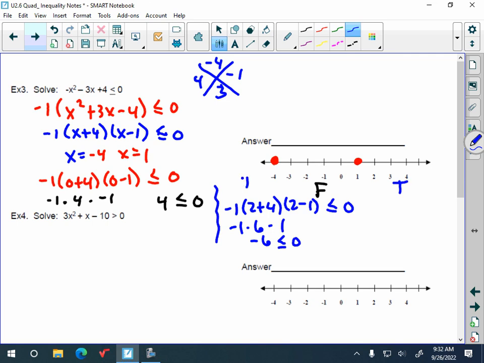So that means the other side's true also. So when we graph, we have that area, and this area. So then our interval answer would be negative infinity to negative 4 with a bracket, union, positive 1 to positive infinity.